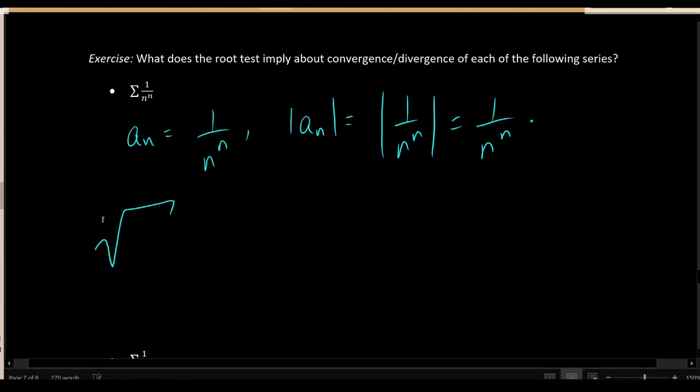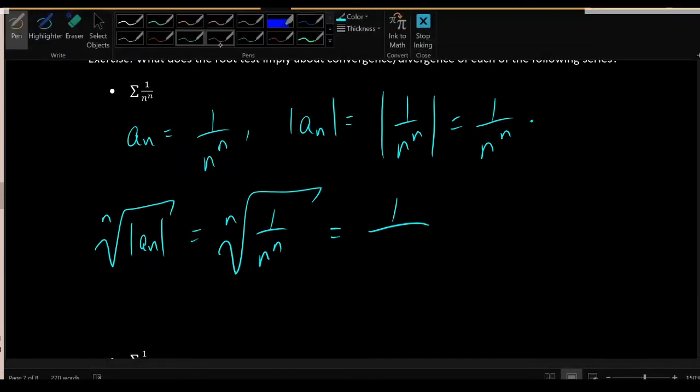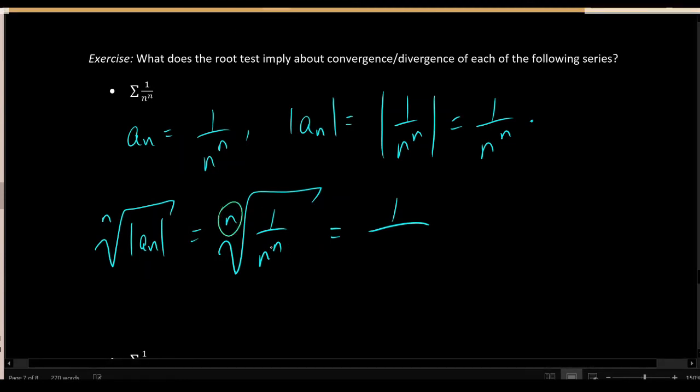So let's hit that with the nth root. The nth root of 1 is always going to simplify to 1. And the nth root of n to the power n, the nth root and the nth power will cancel each other out, leaving just the base behind, the base n.